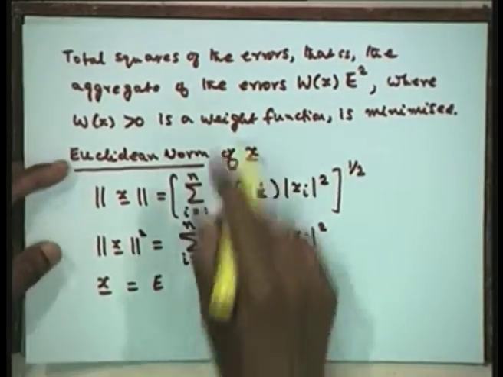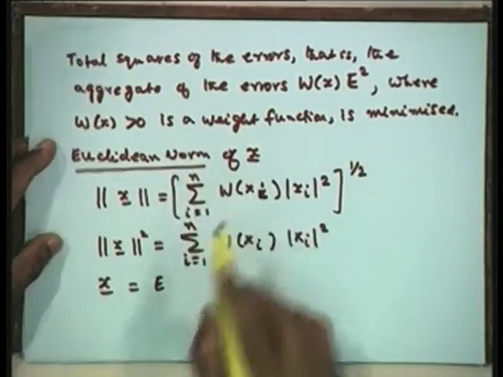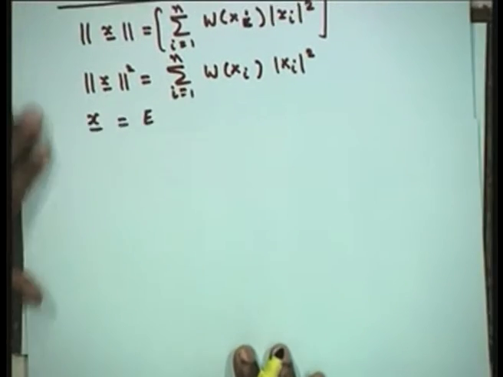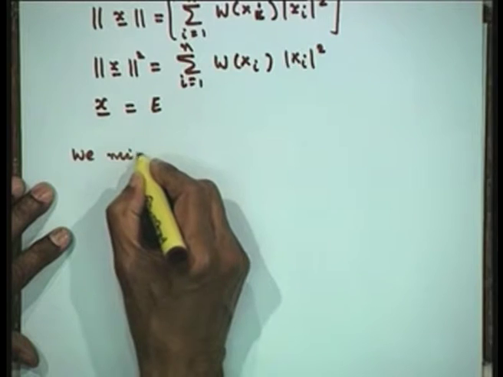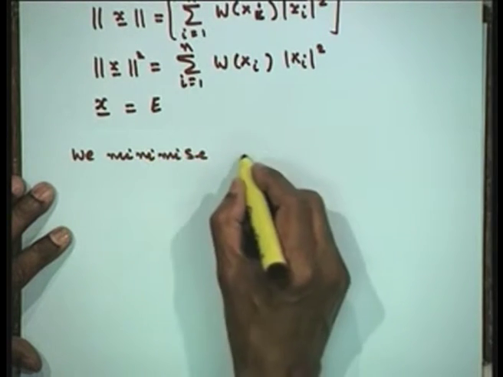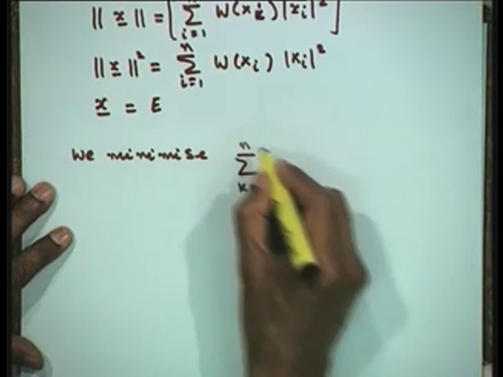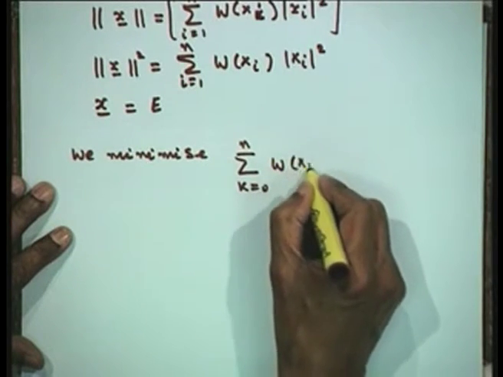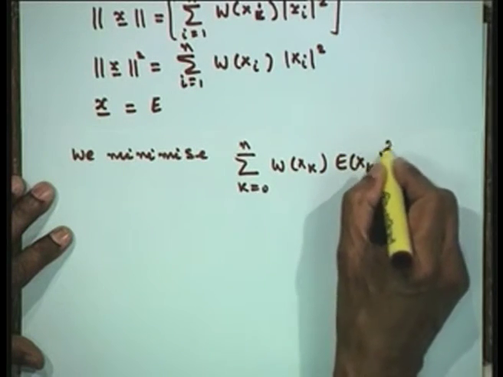Therefore, by the definition of the least square approximation, we can immediately say that we minimize this summation, k is equal to 0 to n w x k E x k square.